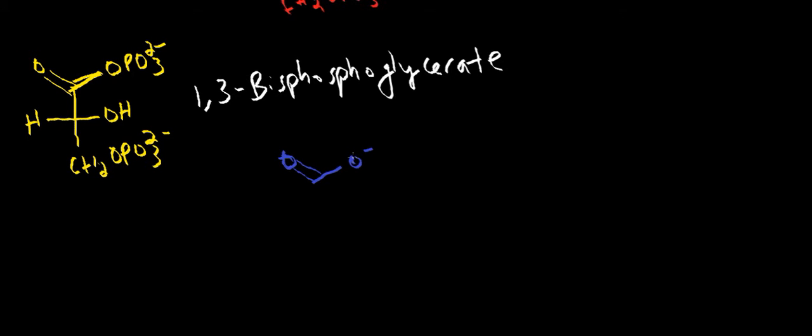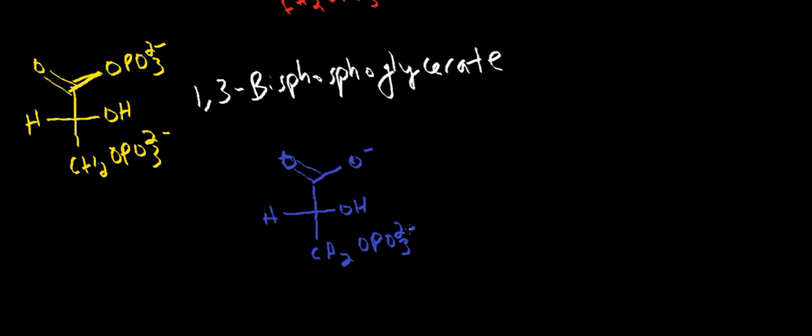But I'll just draw it like that. So we have OH, H, and CH2OPO3 2 minus. So here you've lost a phosphate group, okay?